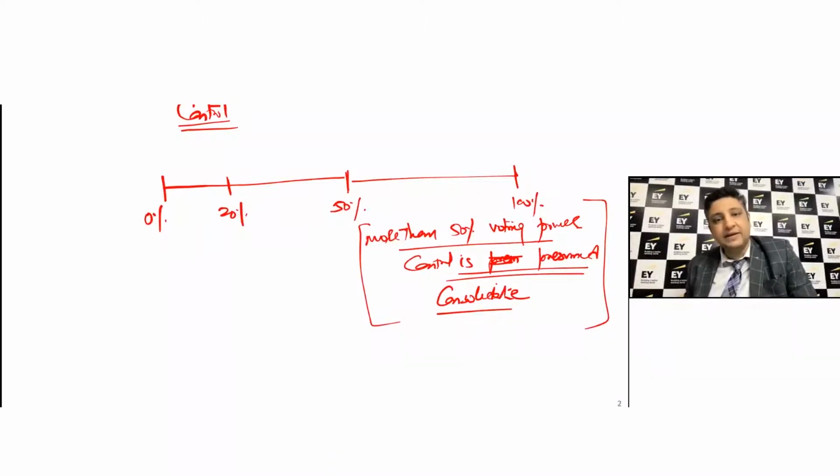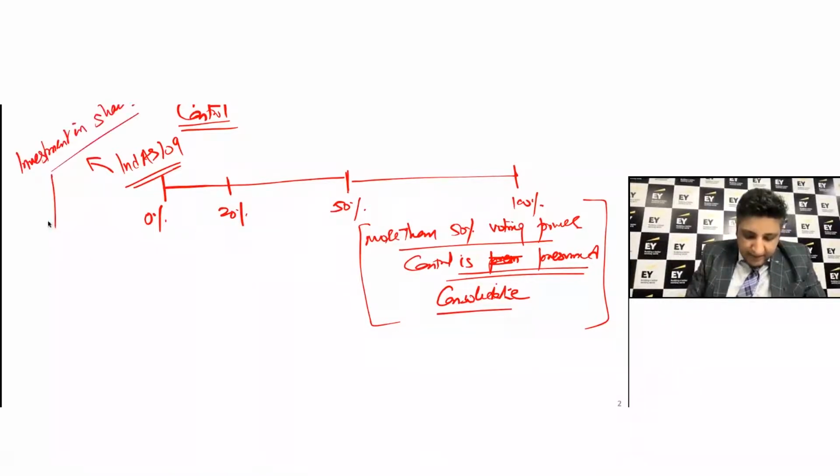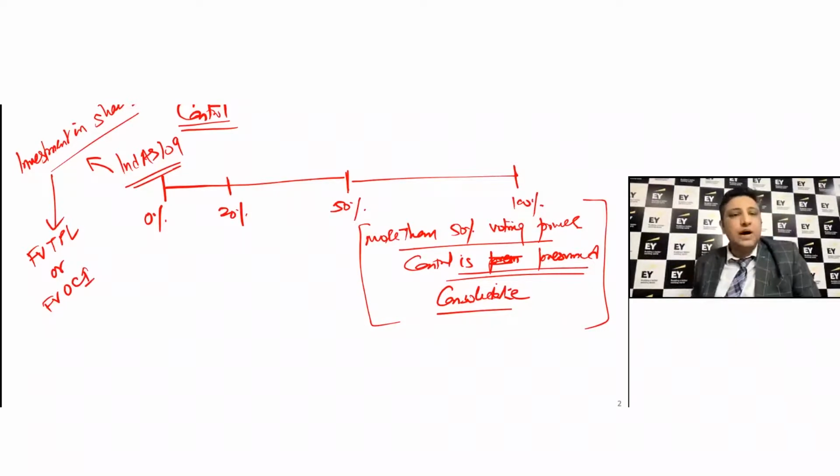But then we also have studied Ind AS 109, financial instruments, where we discuss that an investment in equity, an investment in shares, may either be taken through or accounted for under fair value through profit or loss, FVTPL, or fair value through other comprehensive income, that is FVOCI or FVTOCI, if you want to use that term, right?